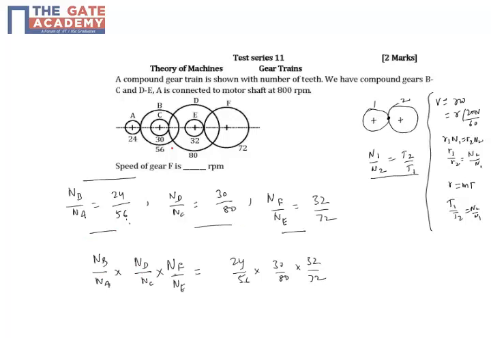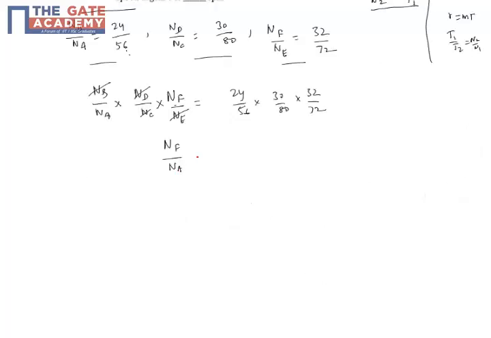Now because B and C are on the same shaft, they'll have the same speed, so B and C get cancelled. E and D are on the same shaft, so they'll have the same speed, so that gets cancelled. So the left side is basically NF by NA, and the right side is just numbers, which you can find out.